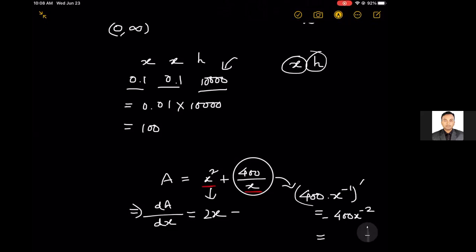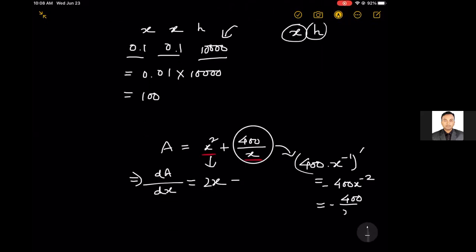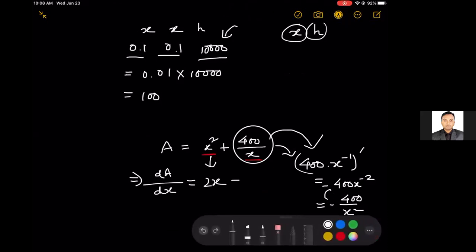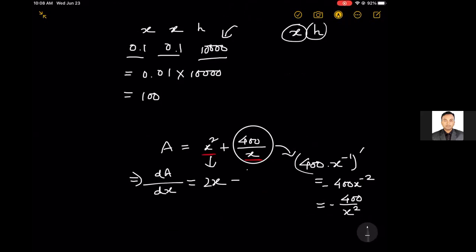And we can always rewrite it in the opposite direction, so it will be negative 400 over x squared. Do you agree?